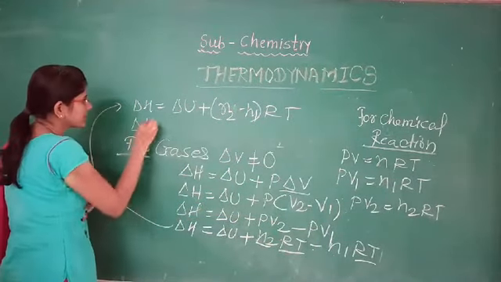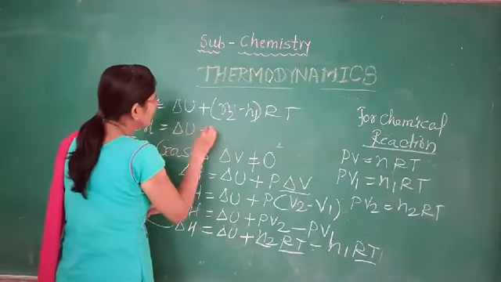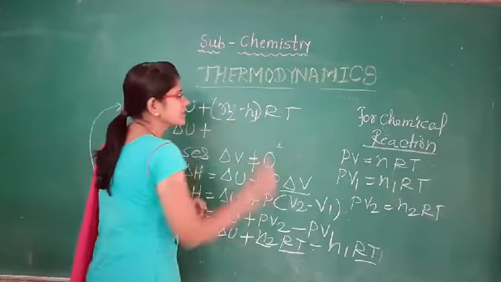So next delta H is equal to delta U plus N2 minus N1.